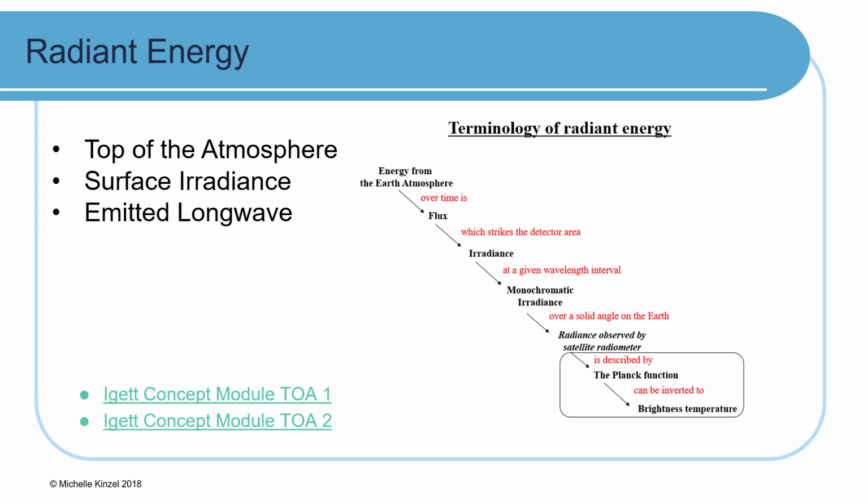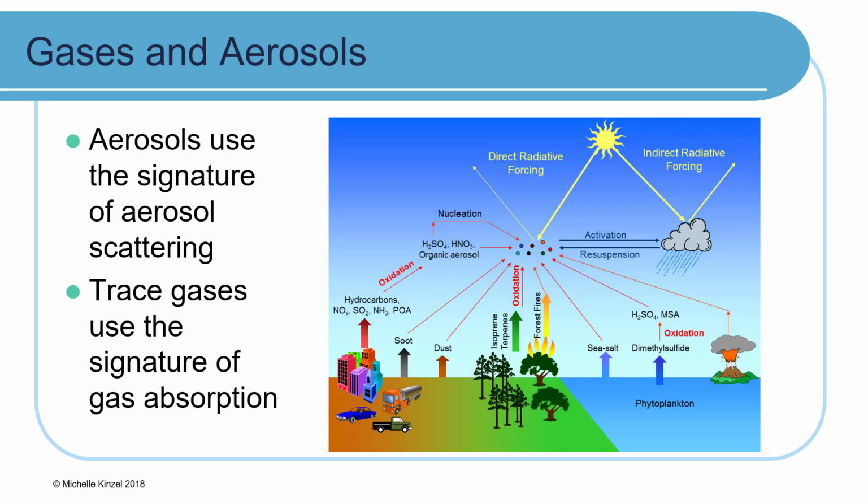And this is the radiance observed by the satellite radiometer. This is described by the Planck function of how light moves through our atmosphere, and this can be inverted to brightness temperature. There are two IGEC concept modules on top of the atmosphere, and you can come back and review those if you are interested in this type of modeling.